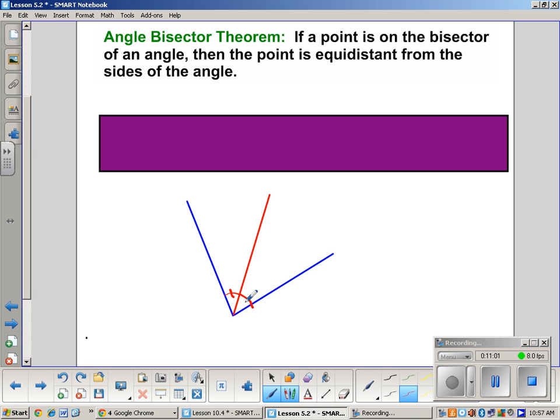So what we want to realize is that since this is the angle bisector, we can pick any point we want on that bisector. So if I pick that point right there, then the distance from that point to one side of the angle is equal to the distance from that point to the other side of the angle.